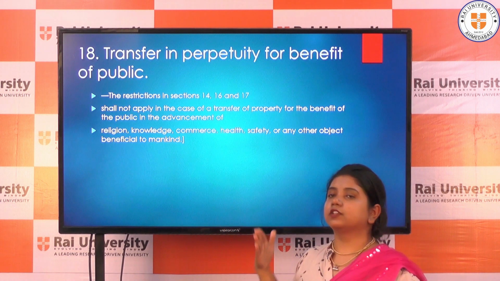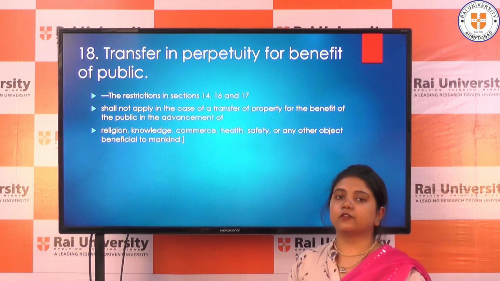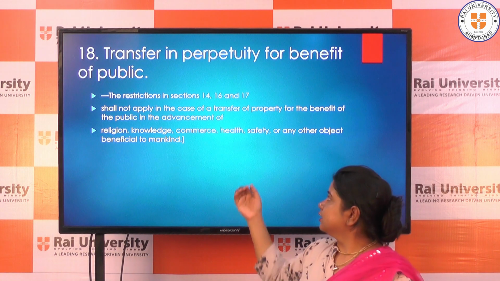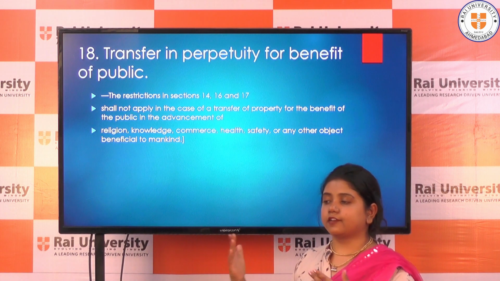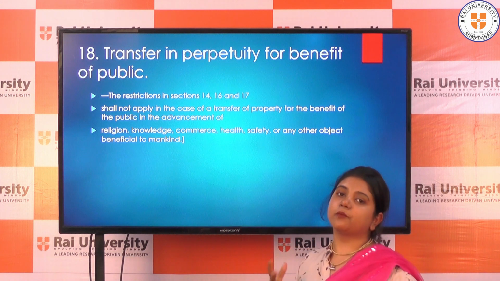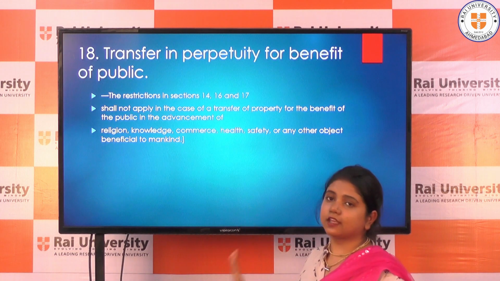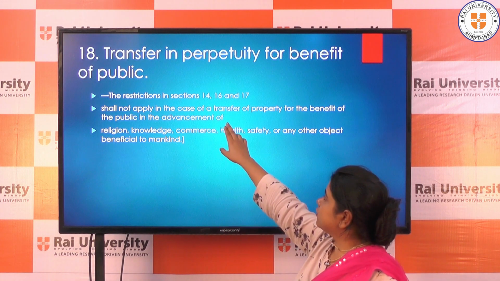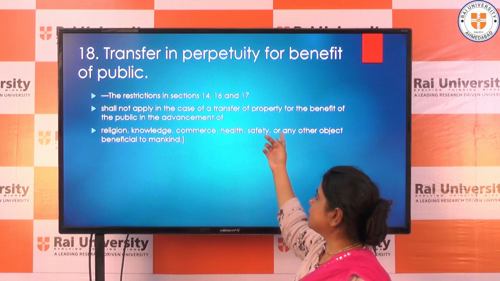Overall, whatever conditions we have read, that if this happens the transfer will fail and the interest will fail, this section is an exception to the restrictions imposed by sections 14, 16 and 17.